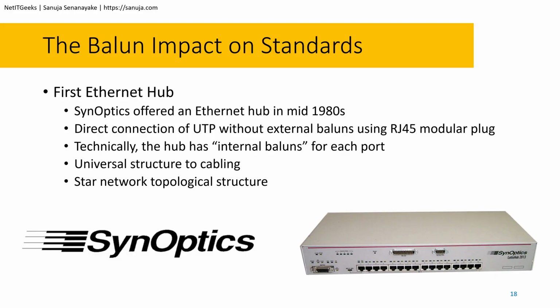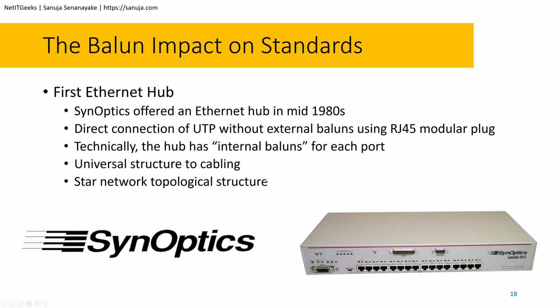Fast Ethernet hub. So Synaptics offered an Ethernet hub in the mid 1980s. This is a crucial turning point for structured cabling, the IT industry and network infrastructure, because direct connection of UTP without an external balun, using an RJ45 modular plug, was first introduced by this particular Synaptics hub.